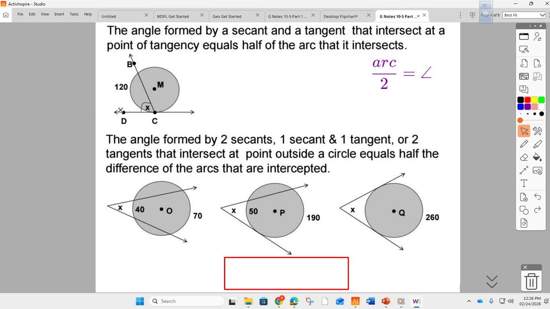This is not an inscribed angle, but it has the same rule. So for this example, the arc is 120 divided by 2. Now we know that the angle is 60. So x is 60 degrees.